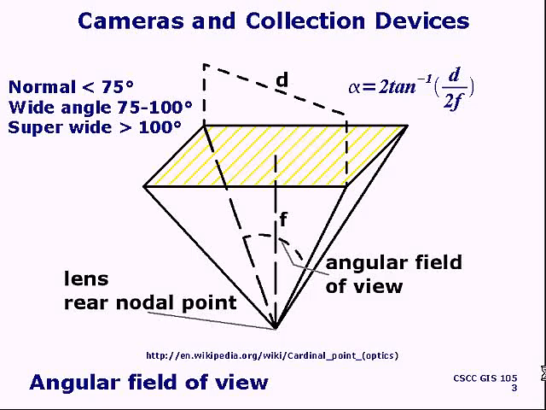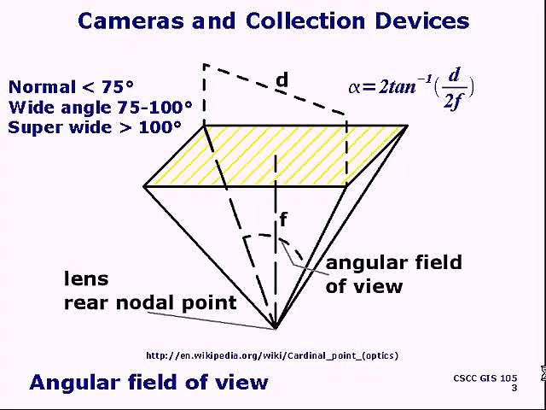The dashed line labeled F, that is the optical axis of the camera. F is the focal length. Focal length is the distance from the rear nodal point to the film plane. The D is the diagonal distance across the imaging area. So the angular field of view measures the angle that is formed from the rear nodal point to the extents of the photography.